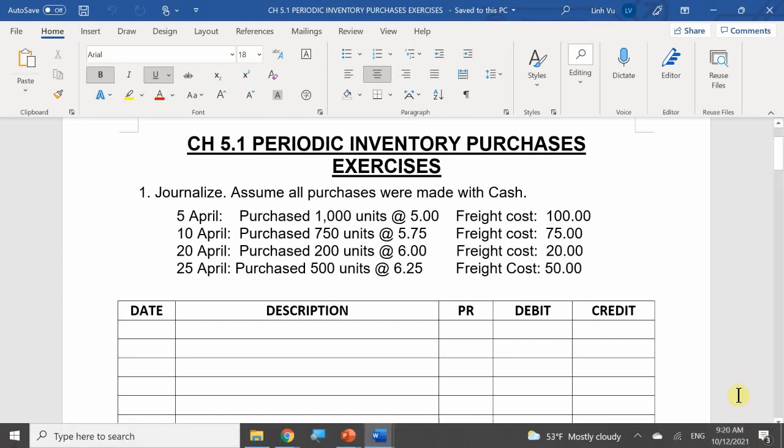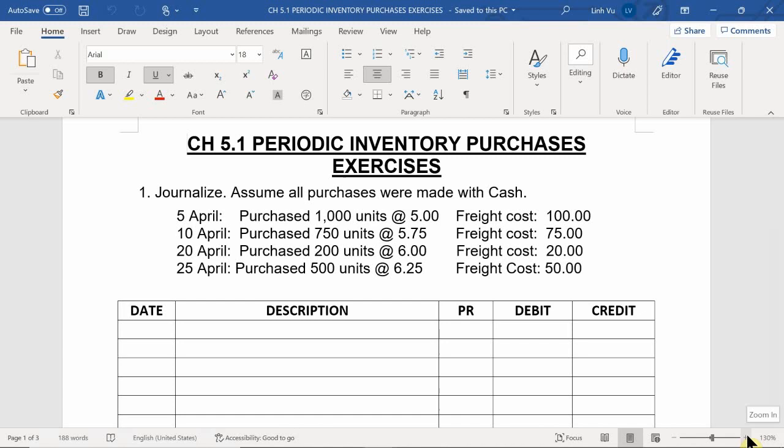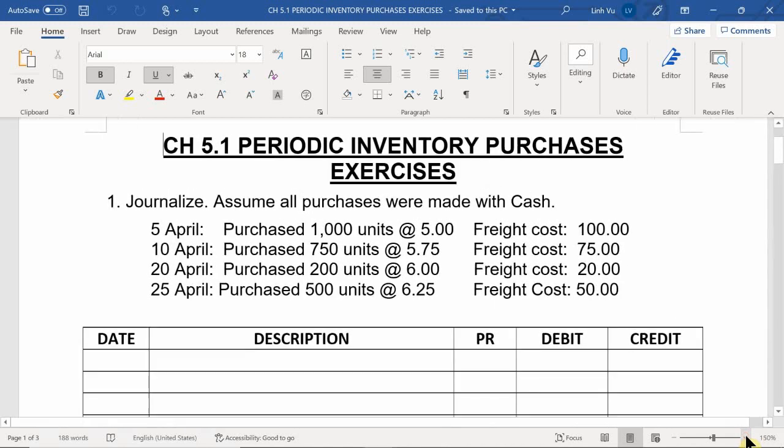Now, there are a couple ways that you can do it, right? So let's practice using the gross method once again, right? In this case, there is no term, so you're obligated to do the gross method regardless. So let's practice journalizing these transactions and assume that all purchases were made with cash, okay?